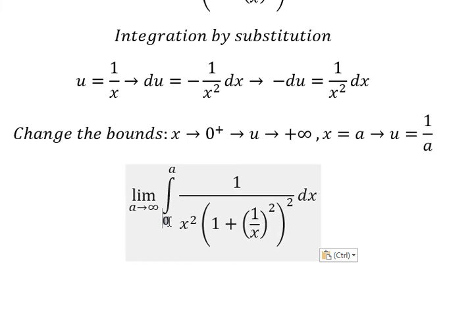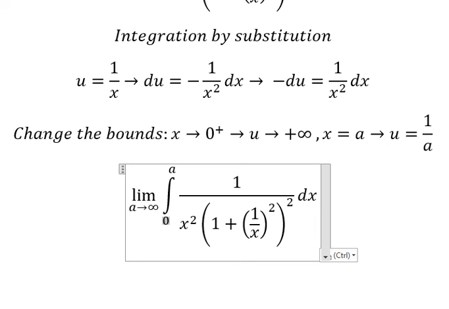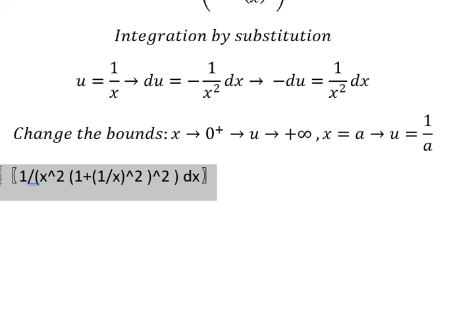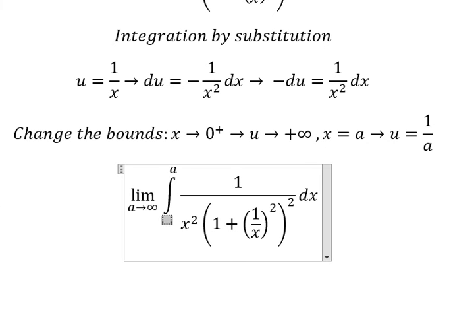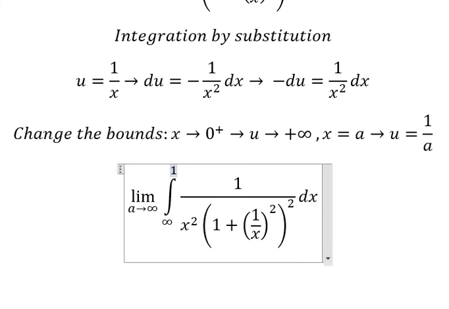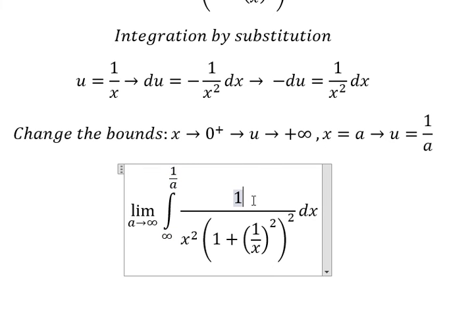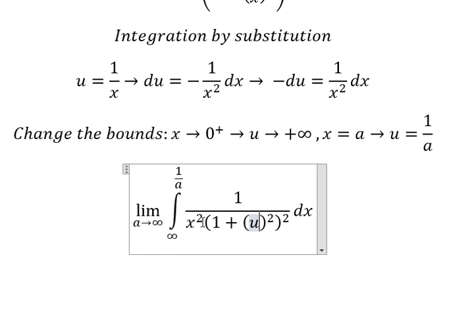So 0 we change to positive infinity. For a, we change to 1 over a. And this one we change to u. S squared with the ds we change to negative du.